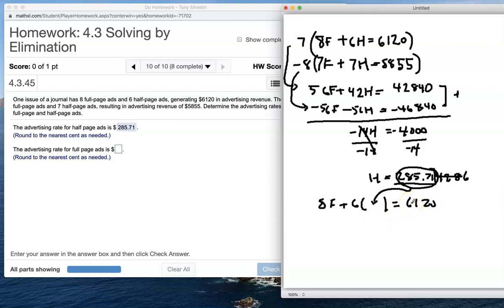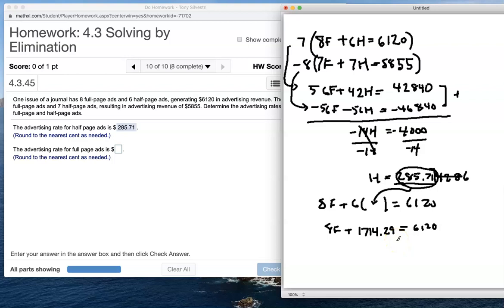Okay, let me just say times 6. So this is 8F plus 1714.29 equals 6120. Subtract this number, 1714.29, from both sides.